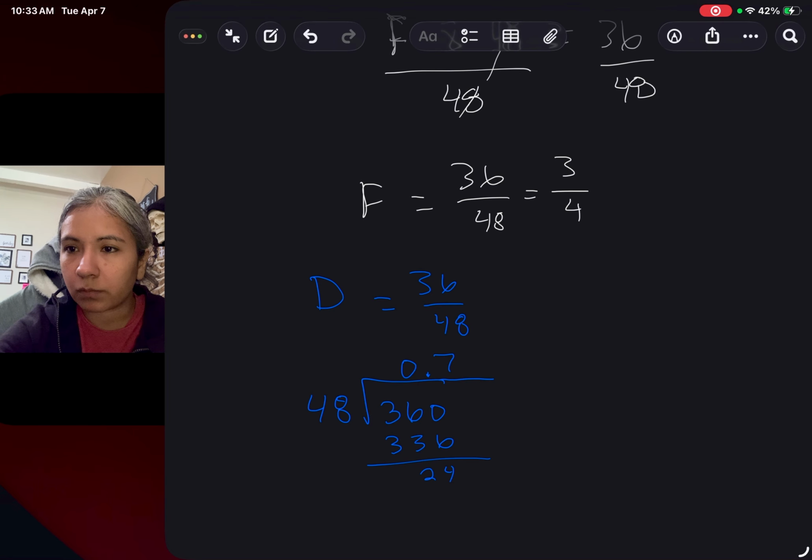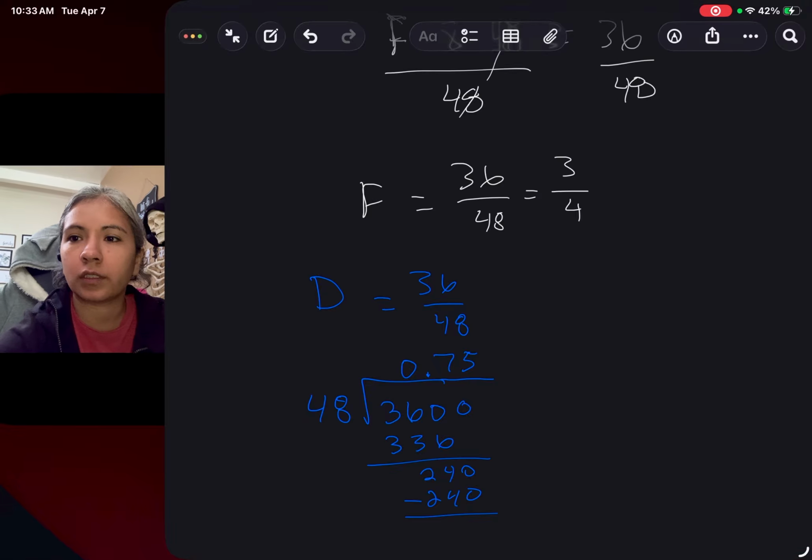But we drop another 0, so 48 times 5 should be 240, which it is. So our decimal part is 0.75.